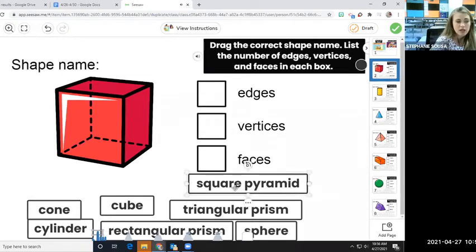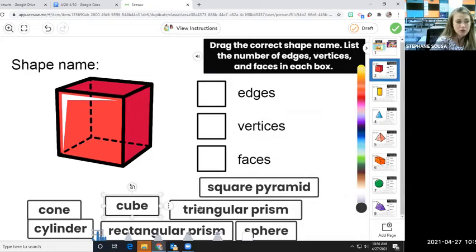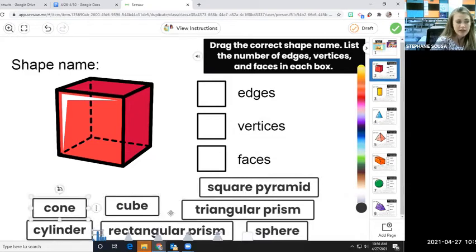Okay, the shape names appear at the bottom. You will look at the picture of the shape shown and take the name up here. Any questions about how to move the name? Okay. You will also then count the number of faces, edges, and vertices.